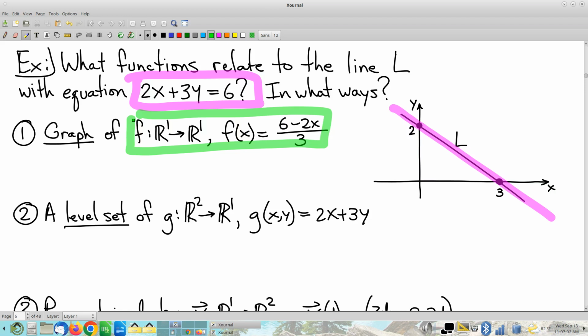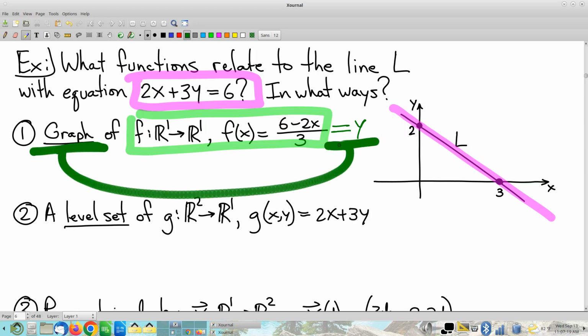The reason I know is because I can write down literally what is the graph. The graph is what you get when you set your function equal to a new variable. So I'm setting it equal to y. Notice again that is exactly what graphs are. So this is the graph. And then notice, algebraically, these two equations are equivalent.